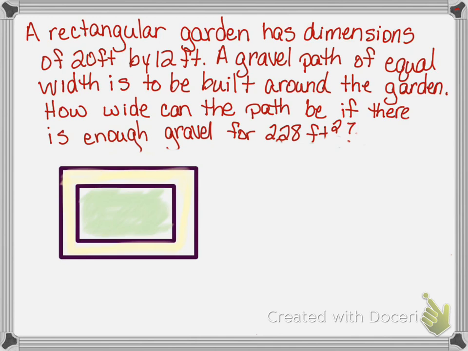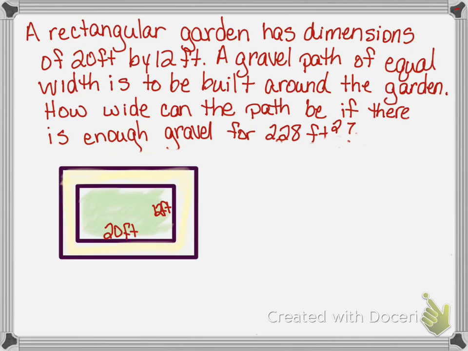So we are told that the garden, and the garden is the part on the inside, is 20 feet by 12. So this right here is 20 feet, and this is 12 feet right here. Since we know that the garden is 20 feet by 12 feet, can I find out the area of the garden?